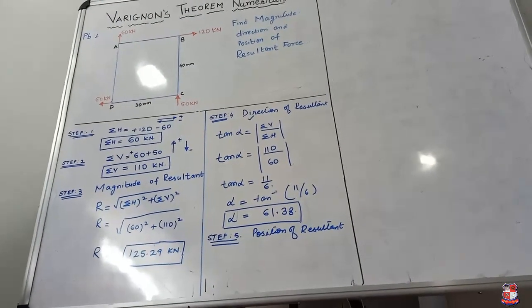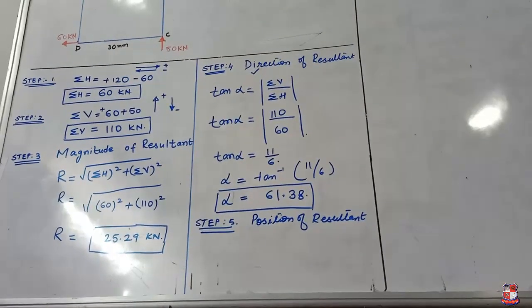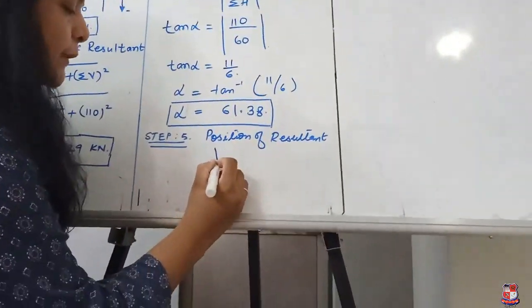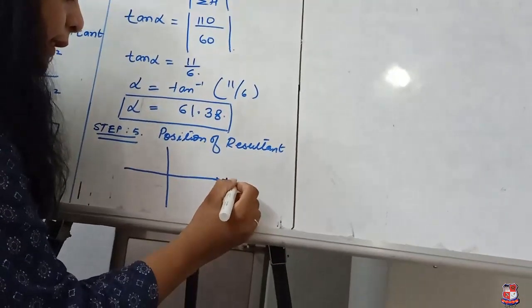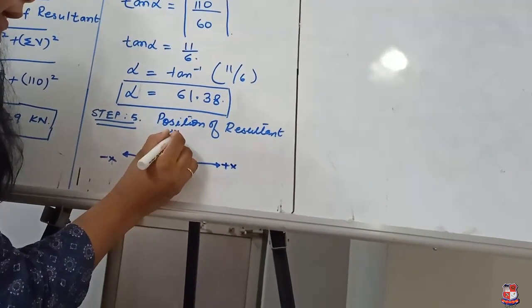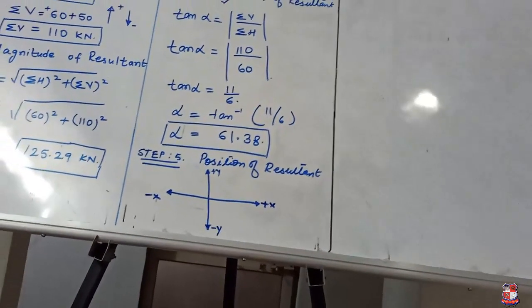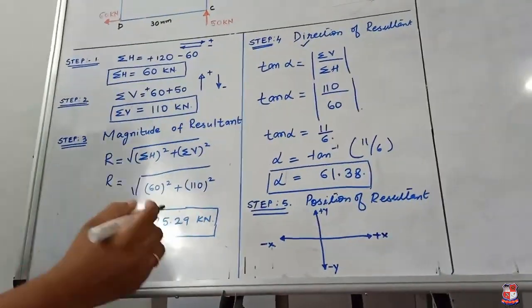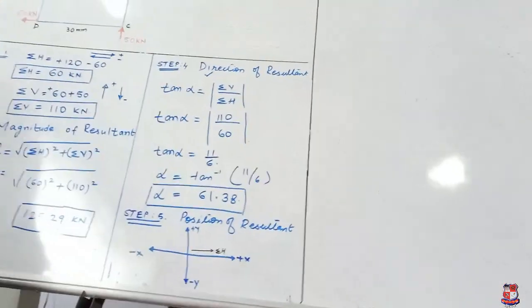First of all, we will see where our resultant lies. If I draw this as my x-axis, this is positive x, this is negative x, this is positive y, and this is negative y. Now where is sigma H? Sigma H is plus 60. That means sigma H is in this direction. Where is sigma V?